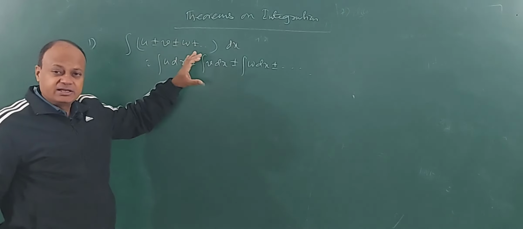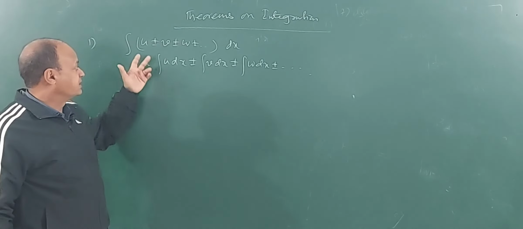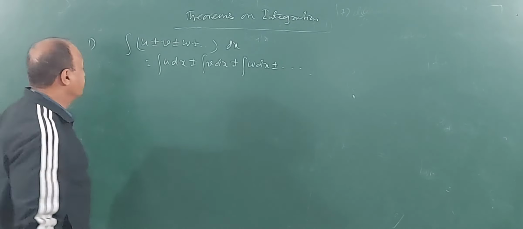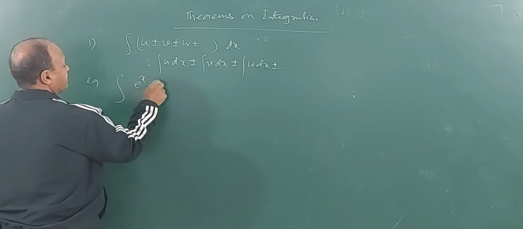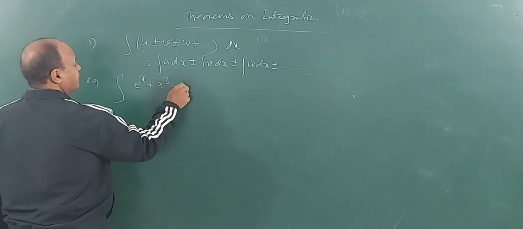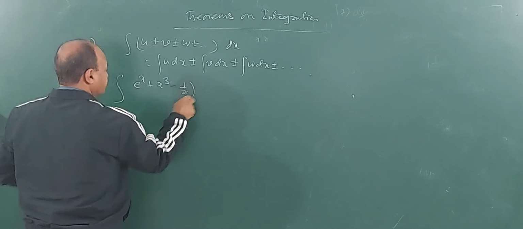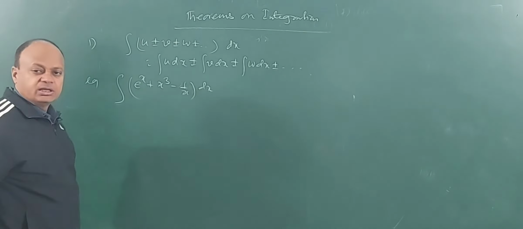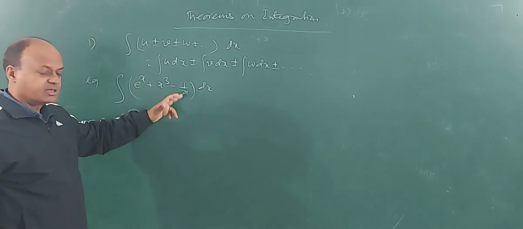Meaning, if an integrand has many terms added or subtracted together, then the net integral will be equal to the sum or difference of individual integrals. For example, suppose I give integration of e to the power x plus x cube minus 1 by x with respect to x. So the theorem says sums are added and subtracted.